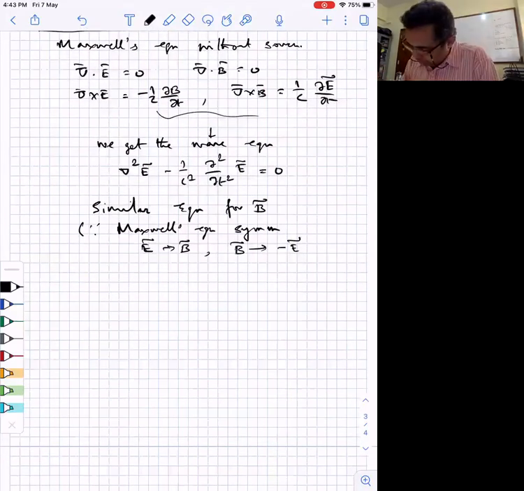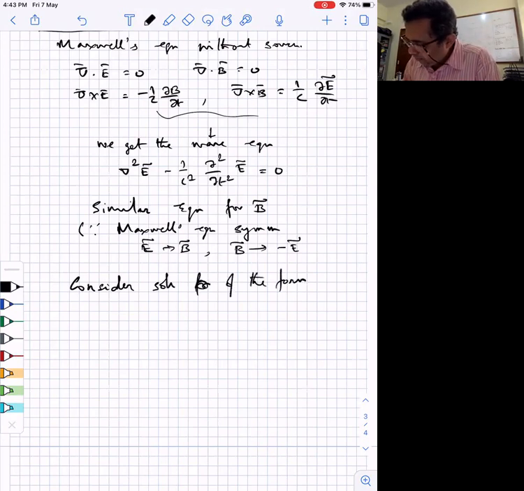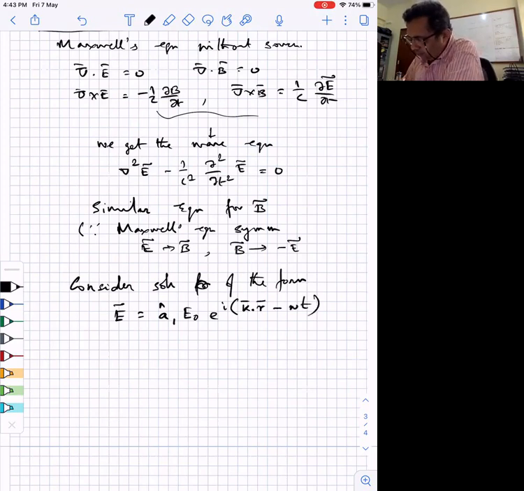So consider the solution. Let us do simple solutions. Consider a solution of the form like this. So I'll have my E, which I will define very soon. Let me call it A1 cap E0 e to the power i k dot r minus omega t. Okay.